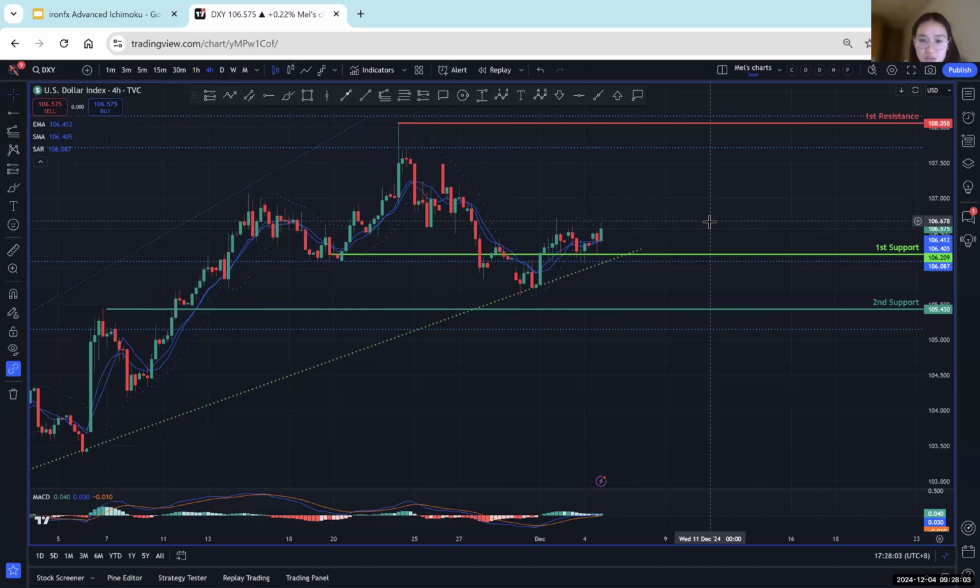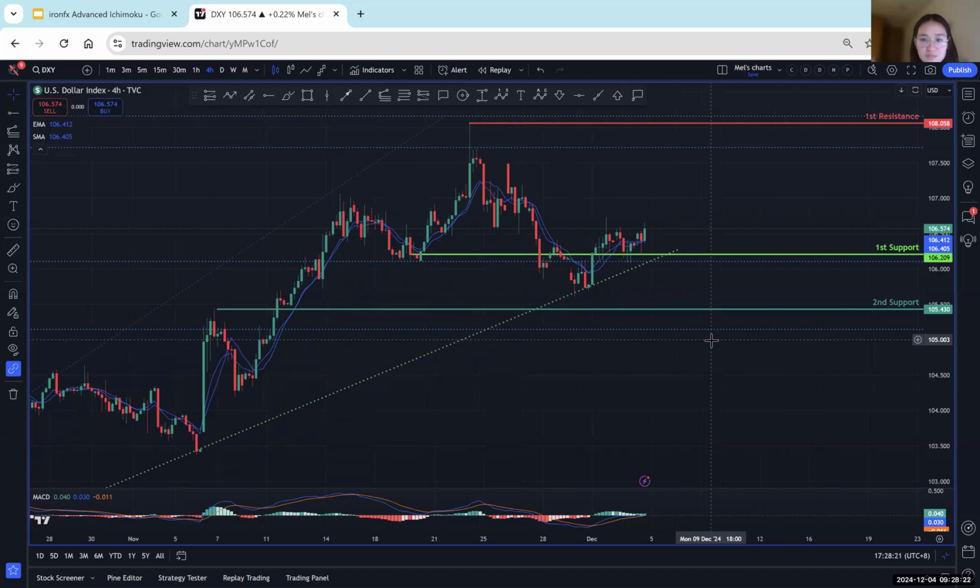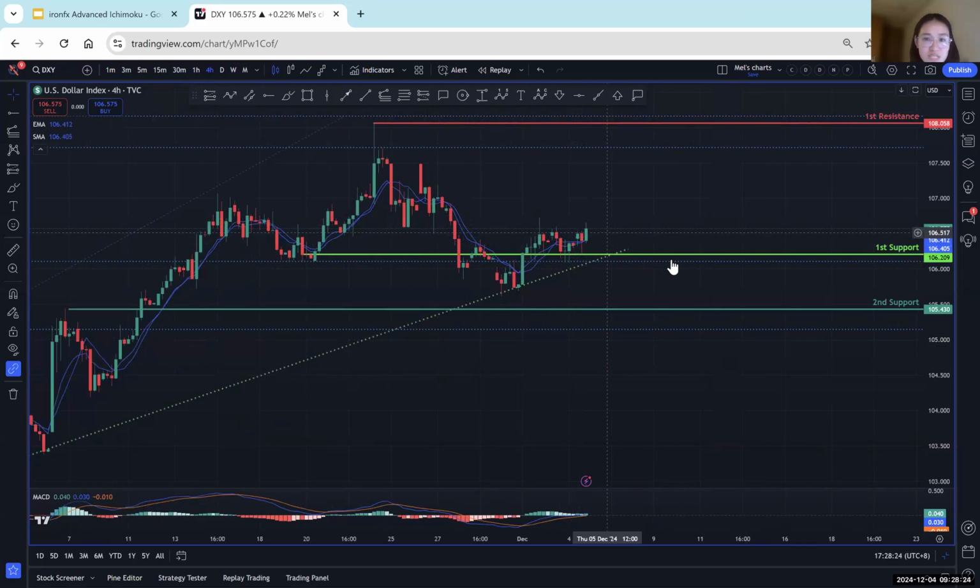But with regard to our parabolic SAR and moving averages, you can see prices moving upwards above both of our indicators, so that supports our analysis. Except parabolic SAR, that doesn't support analysis. Okay, you can kind of see prices recently crossing over.